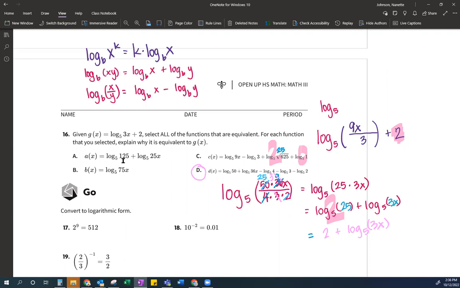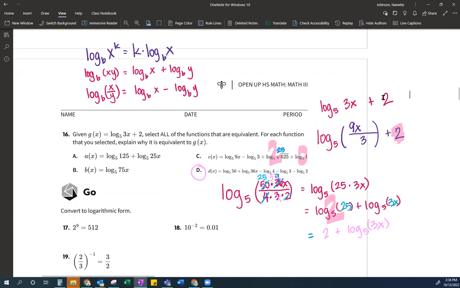Yeah, divide. Ms. Johnson, 9x divided by 3x is just 3x. And then plus that 2, exactly. Okay, I keep writing parentheses around my 3x. Technically, I don't have to. It is understood that this term belongs inside, or with, the log base 5.